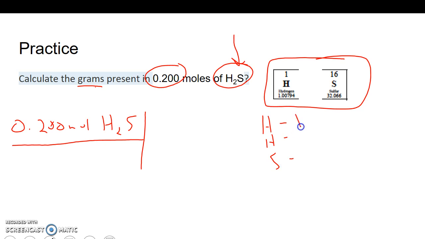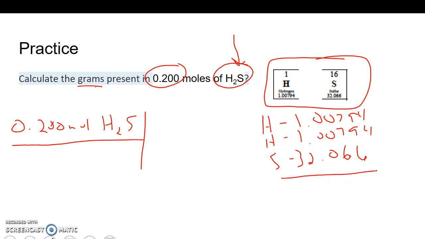We take 1.00794, 1.00794, and then we add all those to 32.066. So 1.0 plus 1.0 plus the 32.0, and we get a big number.